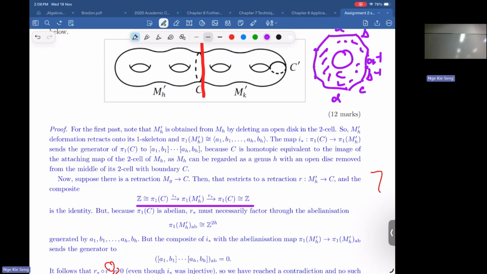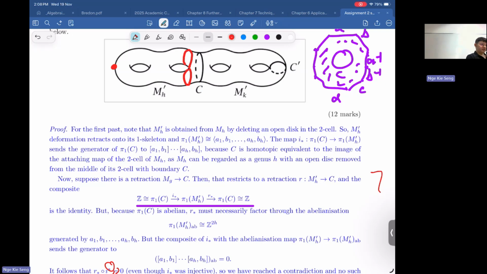Can I push this C to this point here? Am I allowed to do that? Let's try. If you reach here, what happens? You go top, go bottom, and then here also go to the top, go to the bottom.